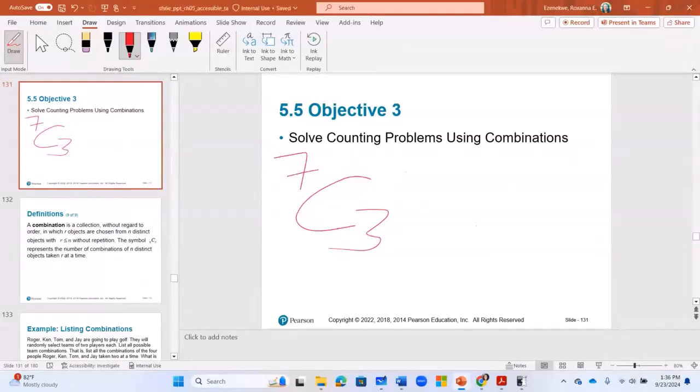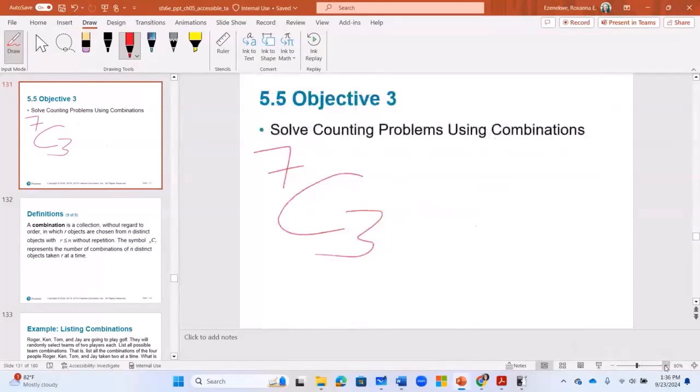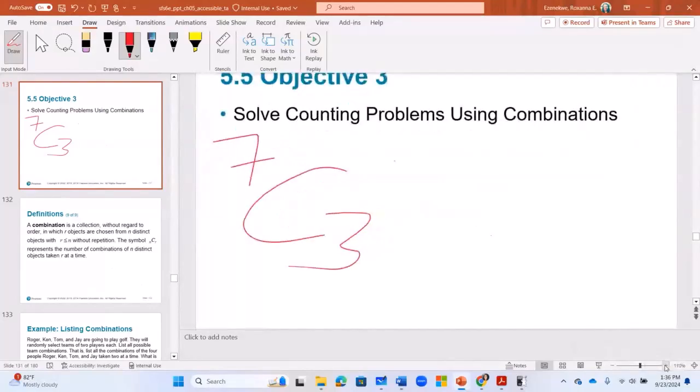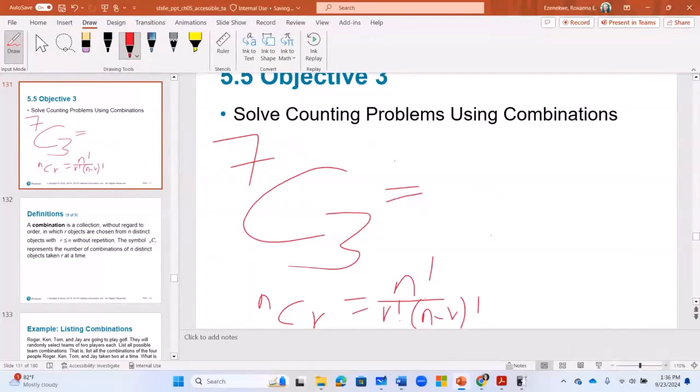I know that the formula for combination says n combination r is equal to n factorial all over r factorial into n minus r factorial. So I will have 7 factorial, the number of shoes I have, all over 3 factorial into 7 minus 3 factorial.